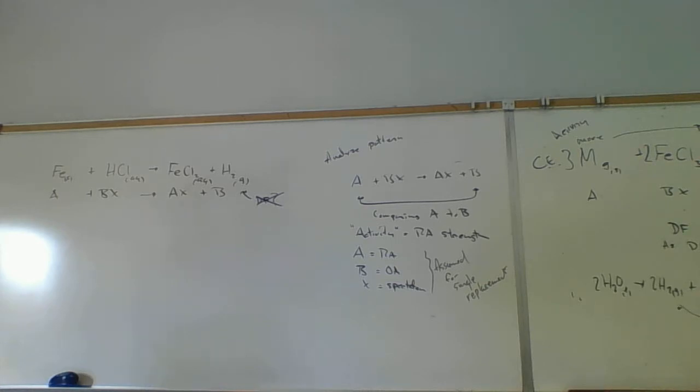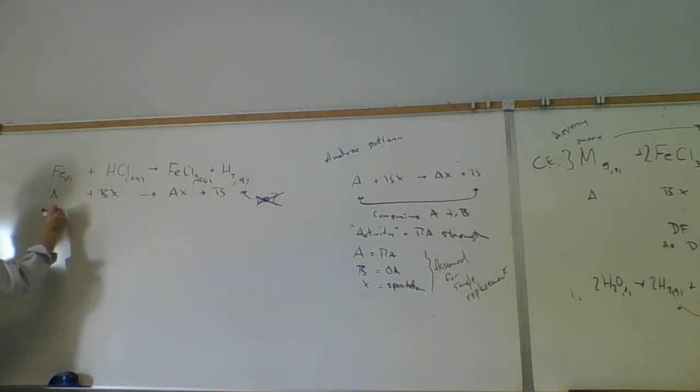Iron is more active. See, iron's here in the middle, hydrogen's down here. So iron is more active. And so what we're doing is we're going from more active to less active.